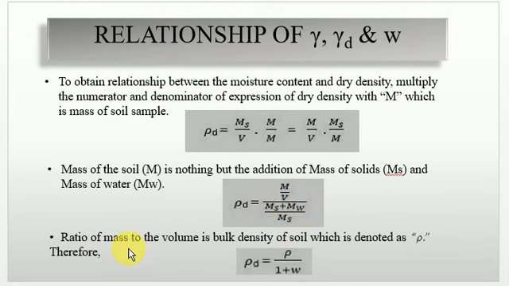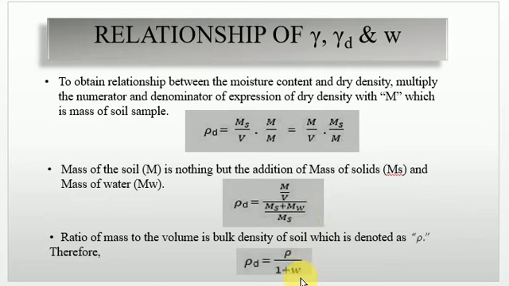The ratio of mass to volume is the bulk density of soil, denoted by rho, or gamma. Then for (Ms plus Mw) over Ms, we separate the terms: Ms over Ms becomes 1, and Mw over Ms becomes the water content.